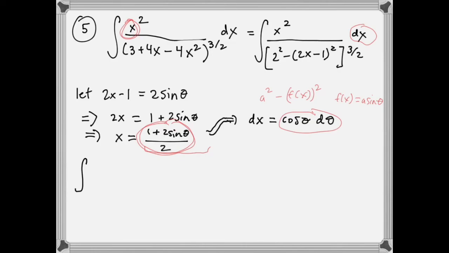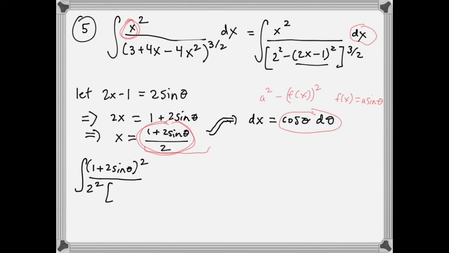So that's going to give us 1 plus 2 sine theta. I'm going to square that. The bottom is going to have a 2 squared, so let me write it like this. I'm just going to have a 2 squared down here. So that's the x squared part. Now I need to replace the 2x minus 1 with 2 sine theta.